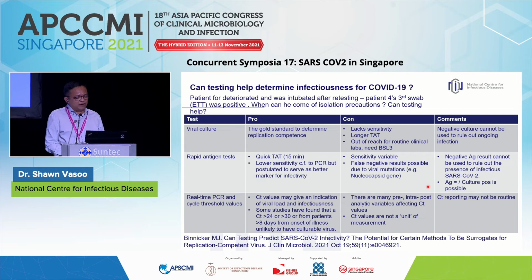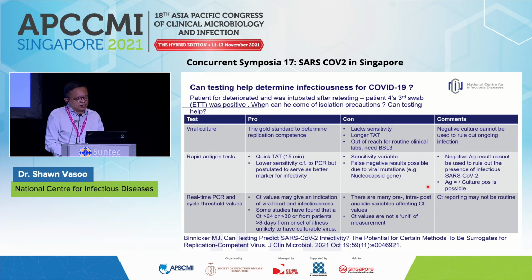So again, not perfect. And then subgenomic RNA, which I didn't put on the slide, is another way, but in some studies, people have found that it lasts almost as long as, or maybe slightly shorter than, viral RNA. And there's some question too as to whether it really predicts infectivity. And also people try to use PCR itself with its CT values.